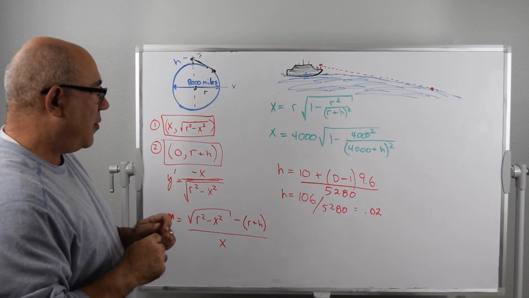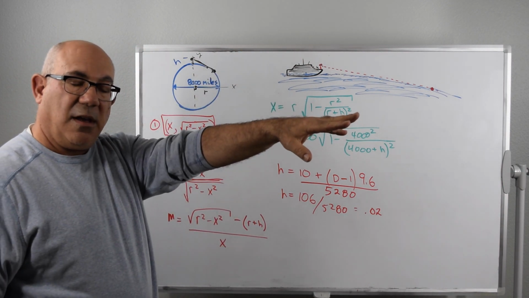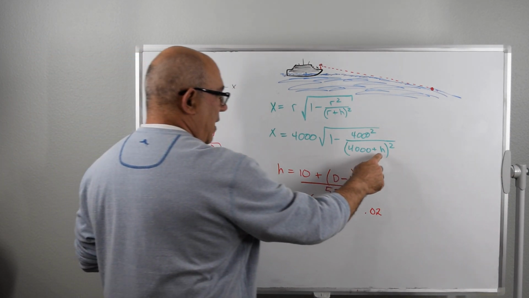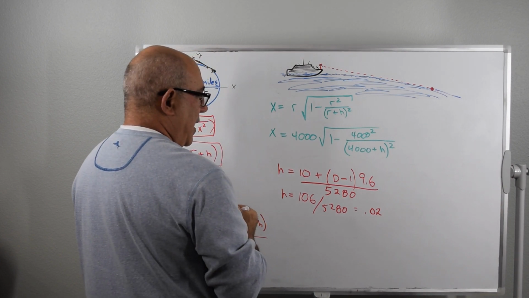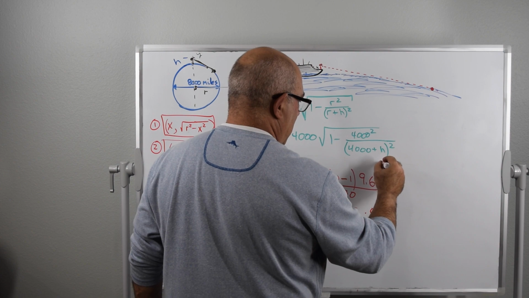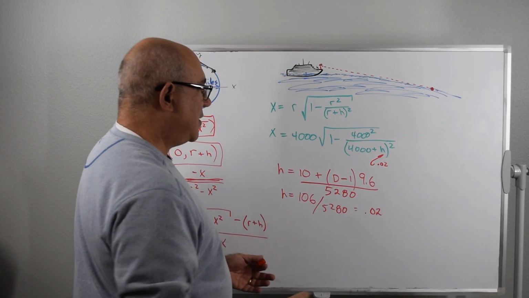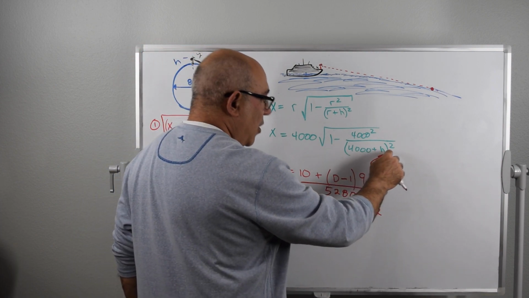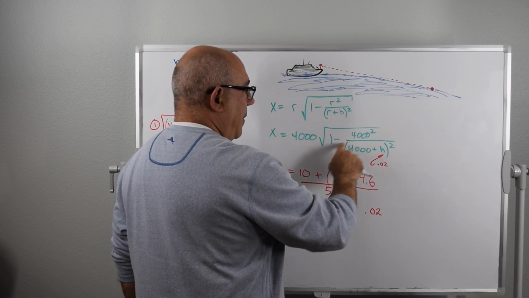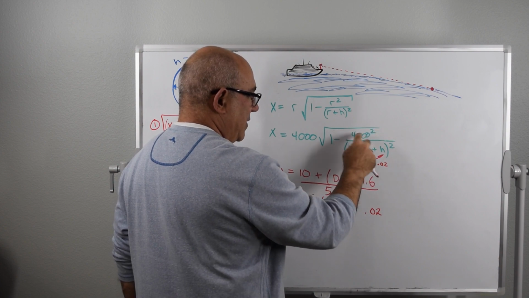So now we have everything we need to calculate how far out we can see from deck 11 on the cruise ship I was on. So we'll plug in 0.02 here. If you work this out, you've got 4,000.02 squared divided into 4,000 squared, then subtract that from 1, because this is a little bit bigger than this one, so this will be less than 1.